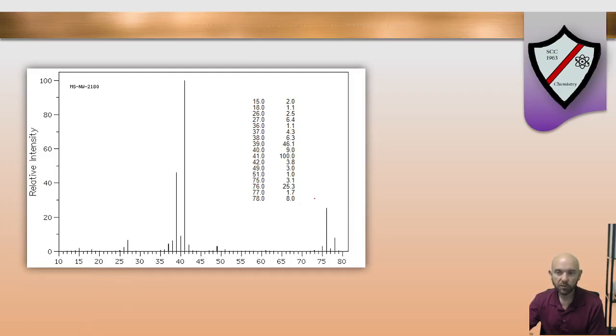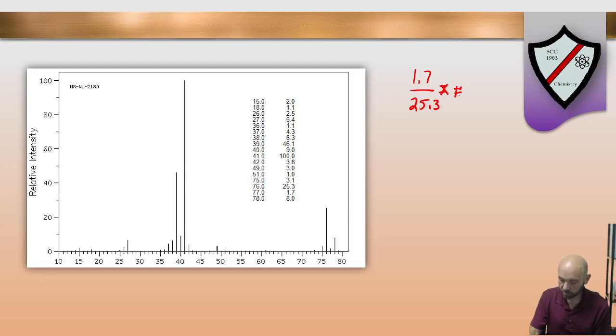If we try our trick to determine how many carbons are in this molecule, we divide the molecular ion plus 1, which is 1.7, by the molecular ion, which is 25.3, and we multiply by 100 as well.